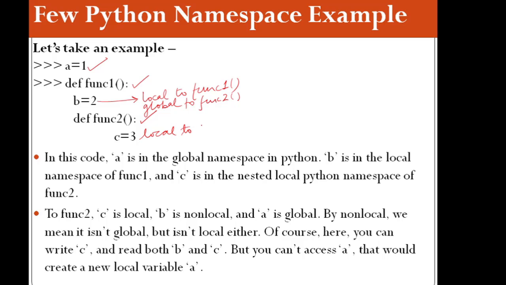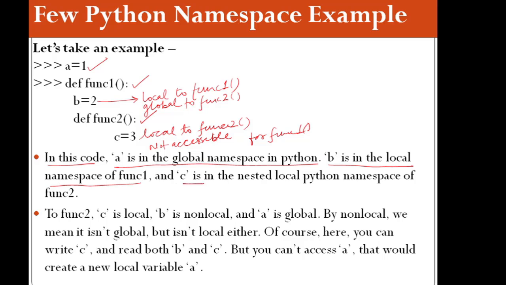This is local to func2, not accessible for func1 outer. So in this code, A is in the global namespace in Python, B is in the local namespace of func1, and C in the nested namespace of the func2.